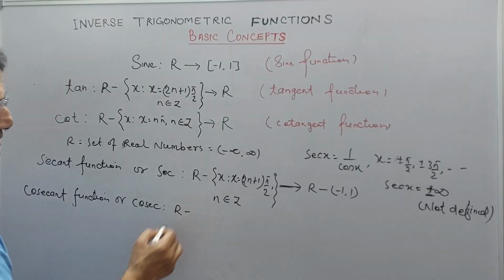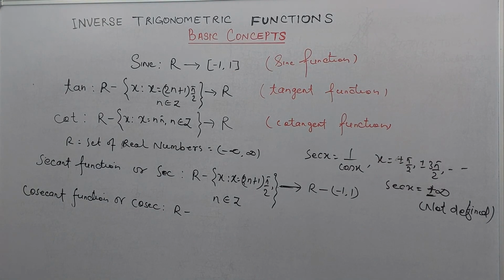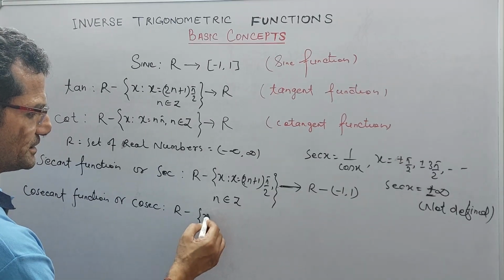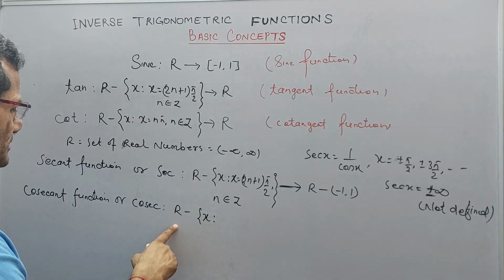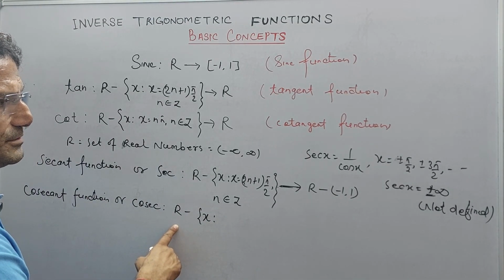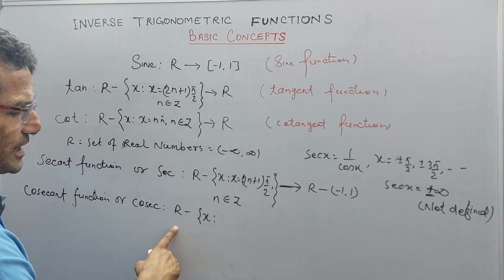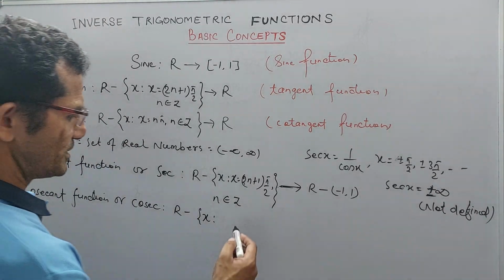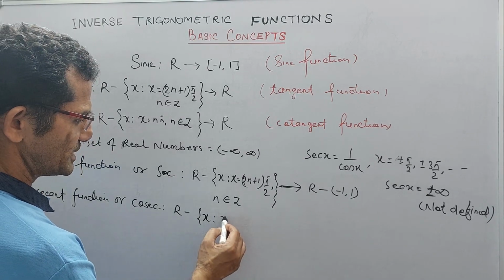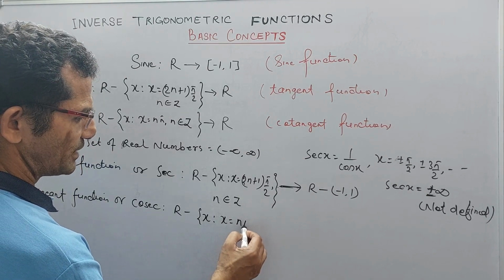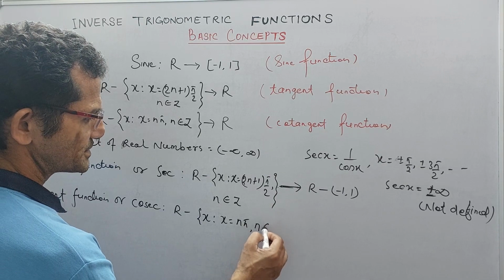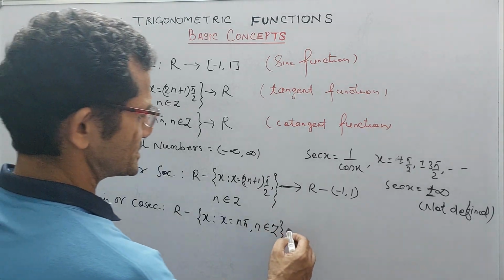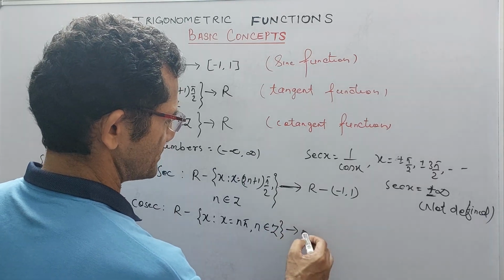Its domain is also not the whole set of real numbers. We have to exclude some real numbers from the set of real numbers. Cosec x is equal to 1 upon sin x. So sin x is not defined at angles 0, plus minus pi, plus minus 2 pi, and so on. So we have to exclude these from the set of real numbers. Here n is the set of integers, and this is the domain part.